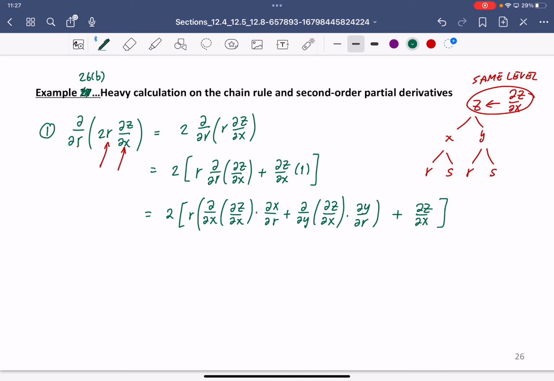Okay, I'll let you jot down first and then I will explain later. The one at the back, ∂r/∂r, is one, right?